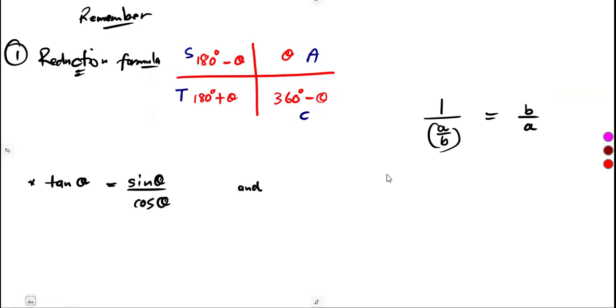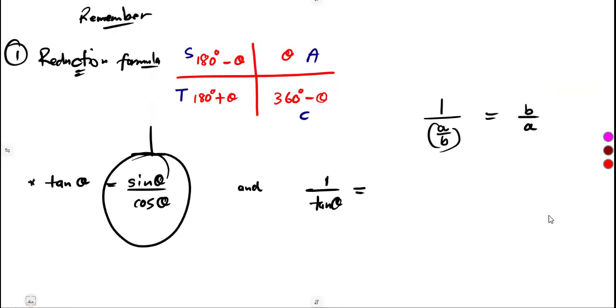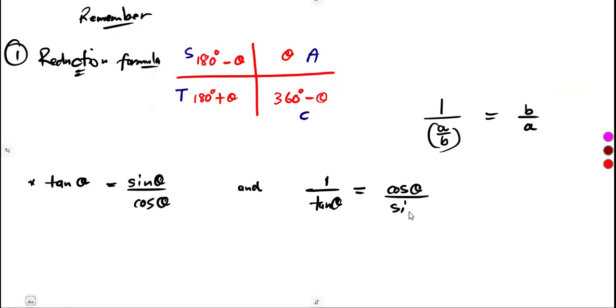B over A. So whenever we are going to refer to the reciprocal of a tan, which is 1 over the tan of theta, what is going to happen is that we just have 1 over this. So it is going to interchange and have what? Cos theta over sine theta. Just like this concept, B over A from this.